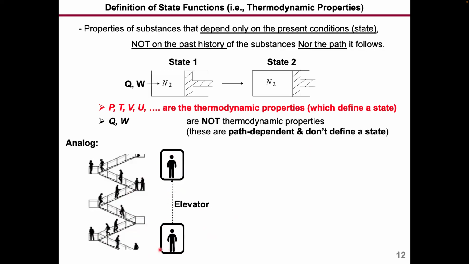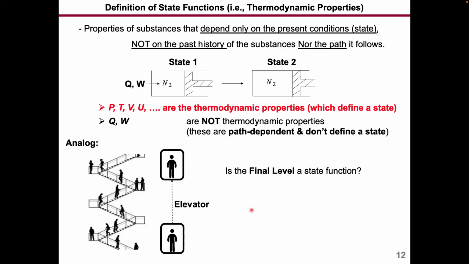Or you can take the stairs from ground level to the third level. These are two different paths, right? One is through the elevator, where you are not performing any work or making much effort. The other route, you are taking a lot of steps, and basically you are doing a lot of work.